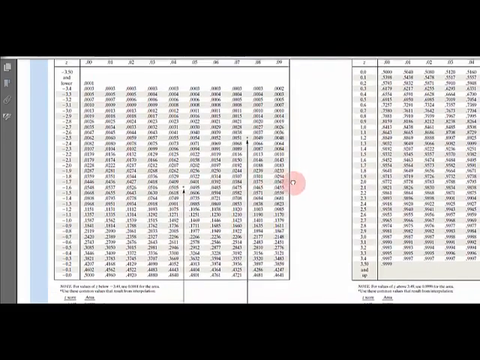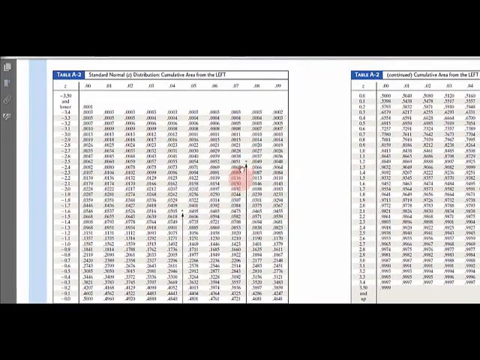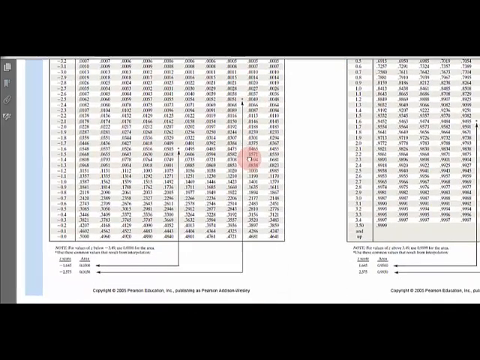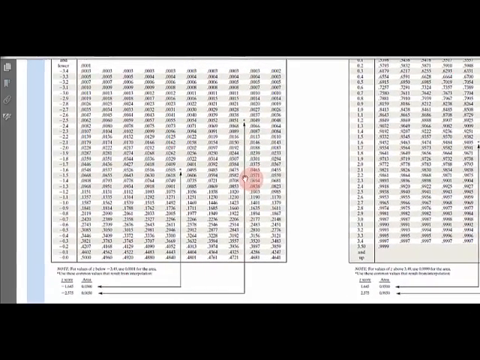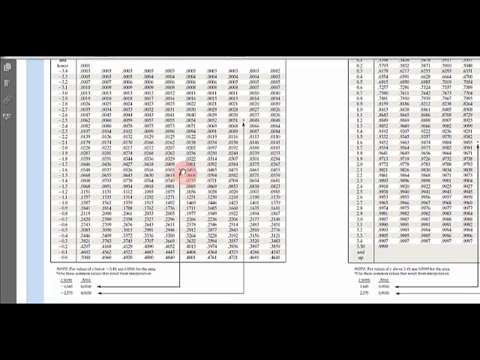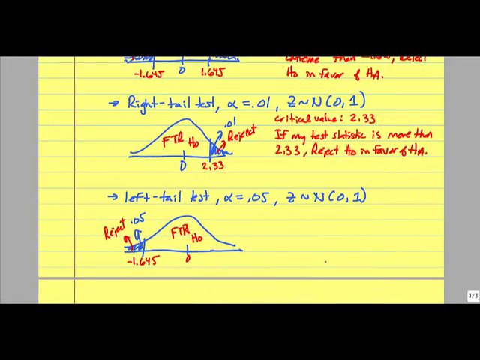If I look up 0.05, you can see I'm exactly in between these two values, so that's when I use 1.645. We have to be careful here. I also used the same value when I had 10% error, but that was split between two tails. This is just a single tail, so that's why it's different. So my critical value is negative 1.645.